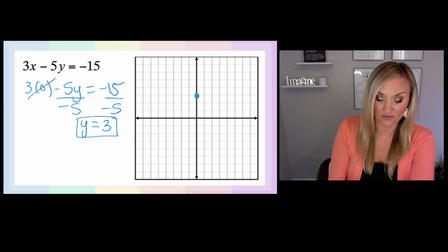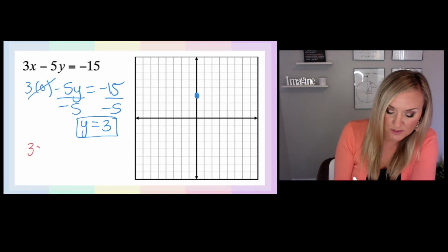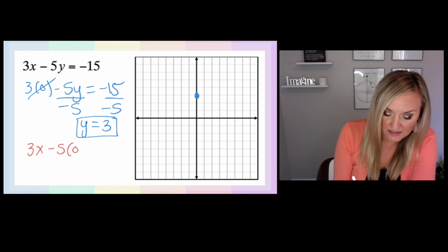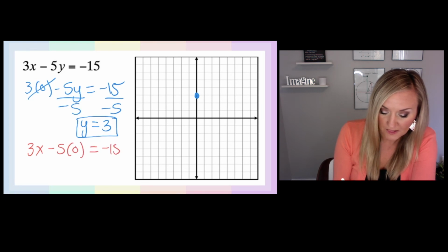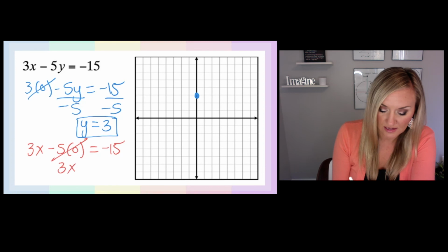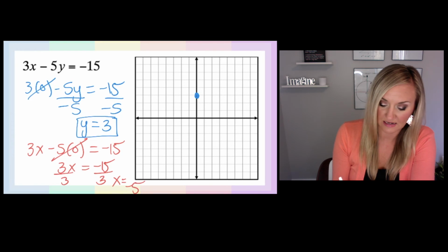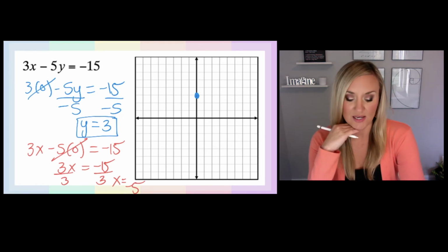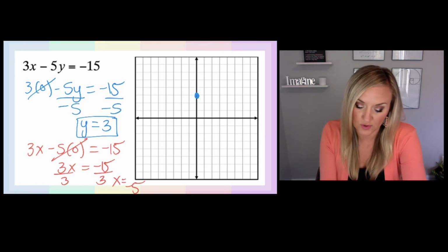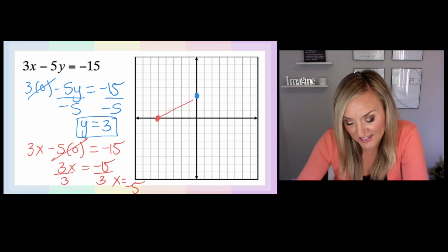And then for the x-intercept, we have 3x minus 5 times 0 equals negative 15. And so now 3x equals a negative 15. And when you divide by 3, x is a negative 5. So let's see, go back 5, 1, 2, 3, 4, 5 right here. And there is the graph of that equation.